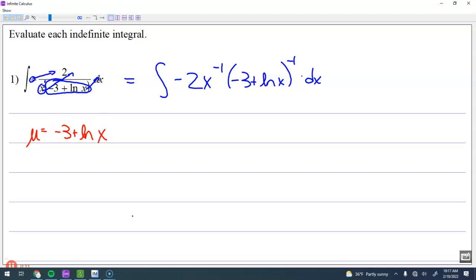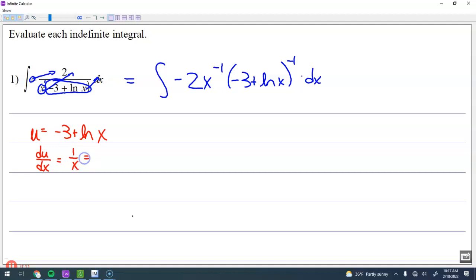So I take the derivative of this. I keep writing mu's because that's what it is in stats. Mu like mean, or I think it's also the coefficient of friction, yeah. So du over dx, so the derivative of this equation, working with x values, what's the derivative of negative 3? 0, and the derivative of ln of x? 1 over x.